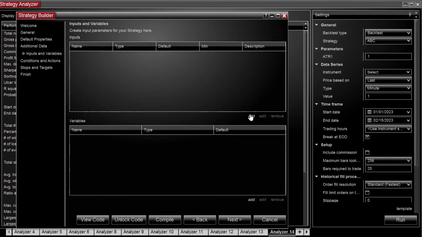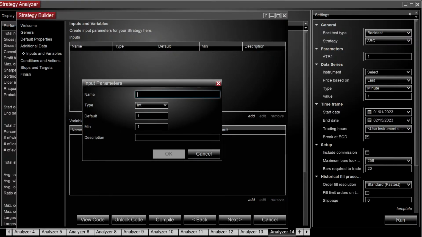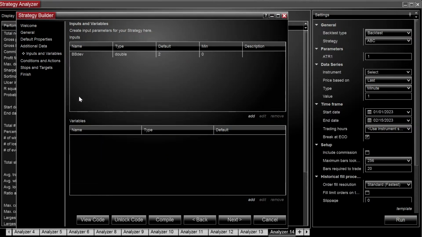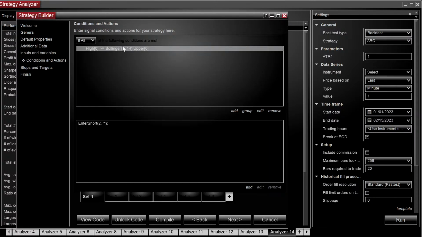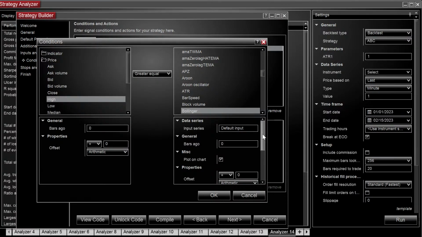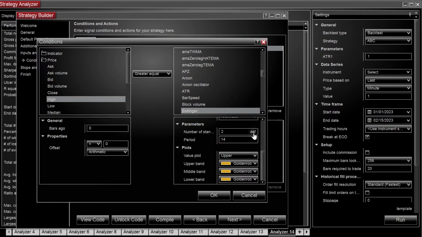The one thing I do want to do is set the deviation of the Bollinger Bands as an input. So we'll just say BB dev, make it a double. I think default is 2. Let's go back to the conditions, and now let's set that on all of our Bollinger Bands. Number of standard deviations.